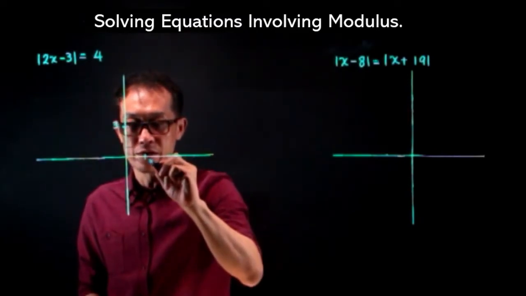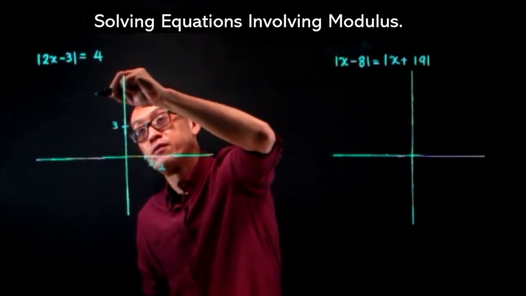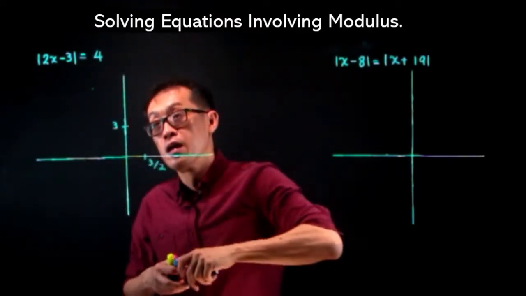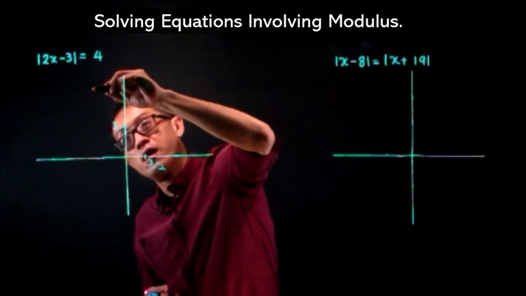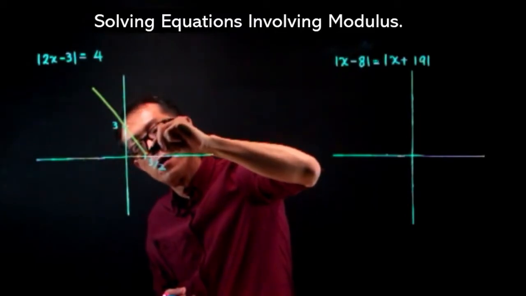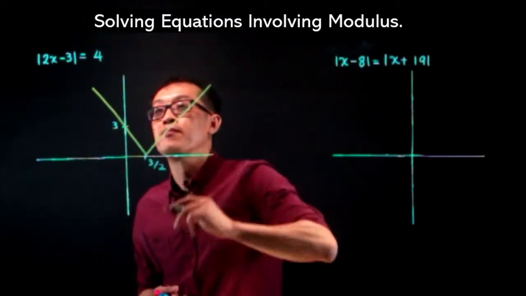So let's say 3 over 2 is here. So your graph will be something like that, and this one is a V shape.